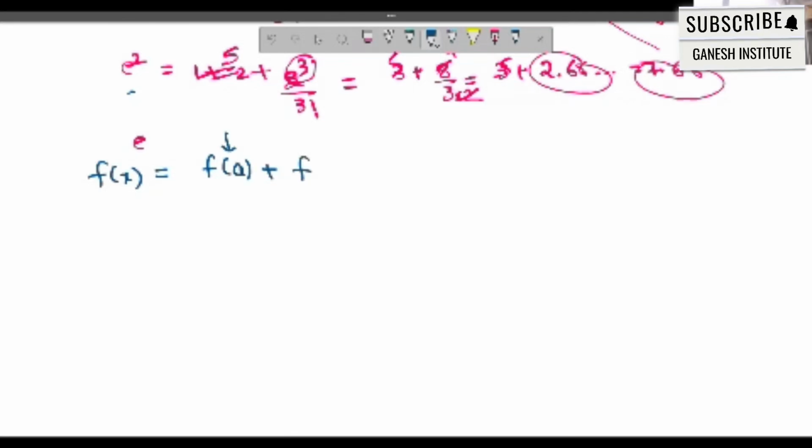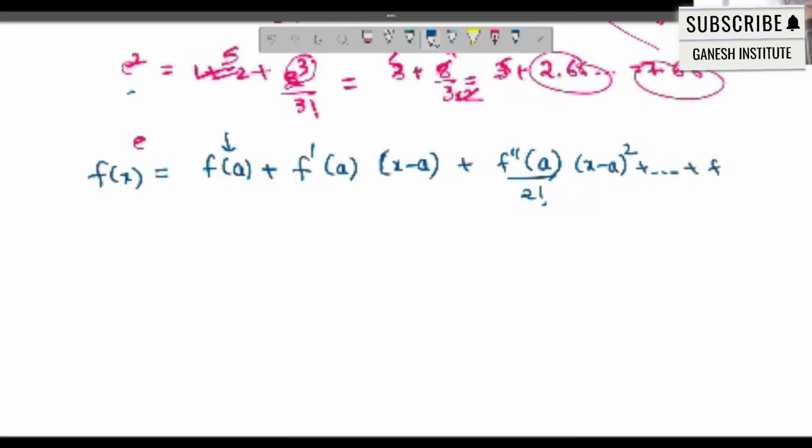It is the initial value f(a), plus the first derivative of f at a times (x minus a), plus the second derivative of f at a divided by 2 factorial times (x minus a) square.